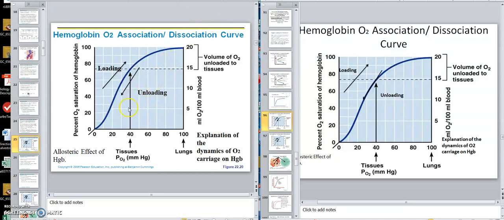Now, if we take it up this way, that's association. That means that oxygen is loading on the hemoglobin. Check this out. Oxygen is what? Loading on the hemoglobin. Now, where would that occur, ladies and gentlemen?